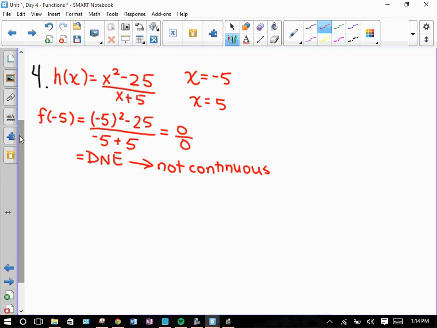So, again, if you ever plug in a number and you get 0 divided by 0, it is a hole. All right, so this f of -5, this is a hole, and that's called a removable discontinuity. Okay, so that's x equals -5.